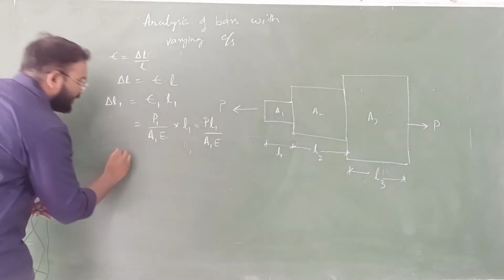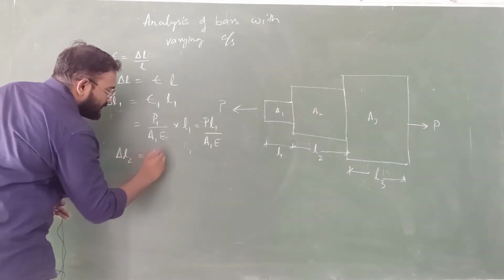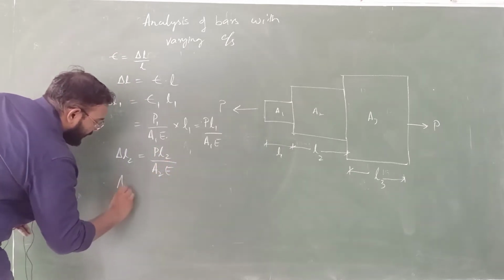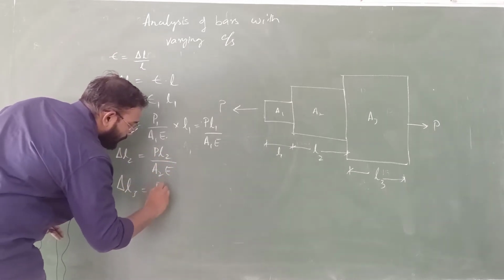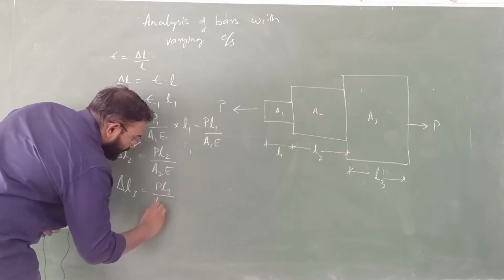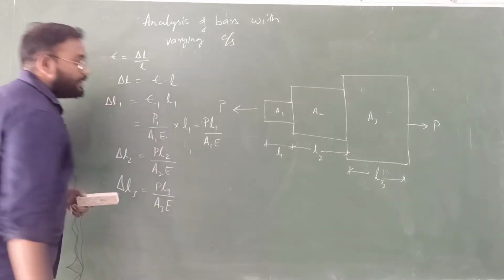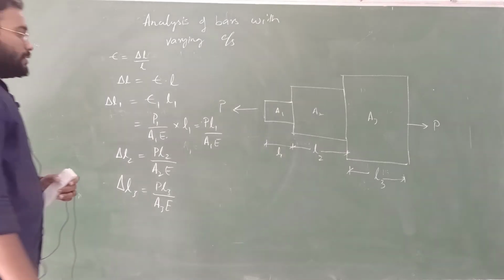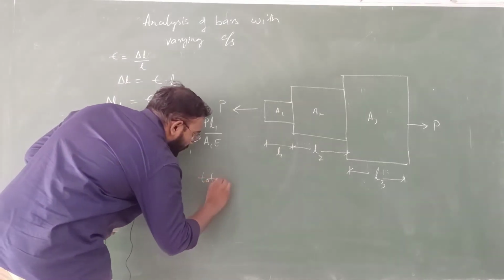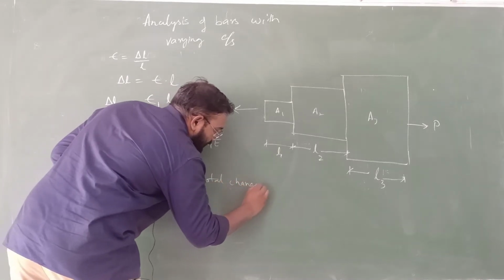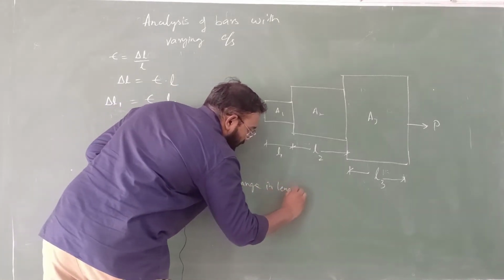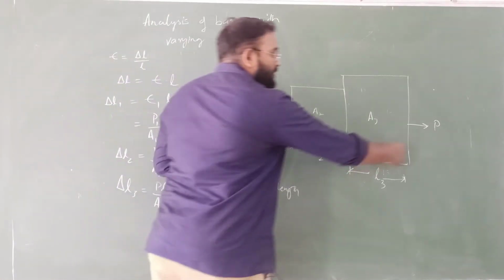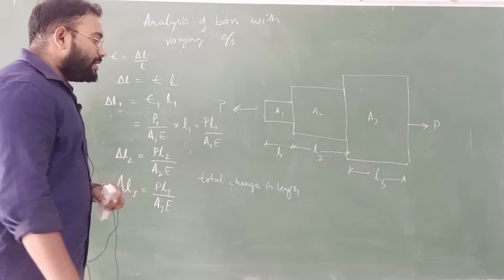Similarly, what will be delta L2? Delta L2 is equal to P L2 by A2 into E, and delta L3, the change in length of component 3, is P L3 by A3 into E. Now, the total change in length means, because of loading, the final deformation of A1, A2 and A3, that can be calculated.